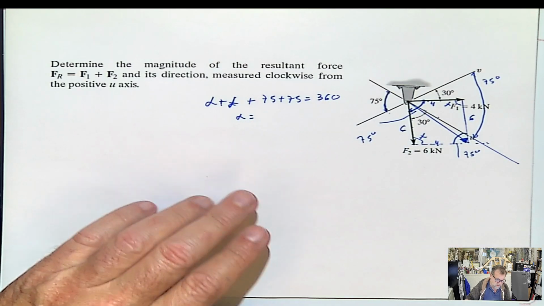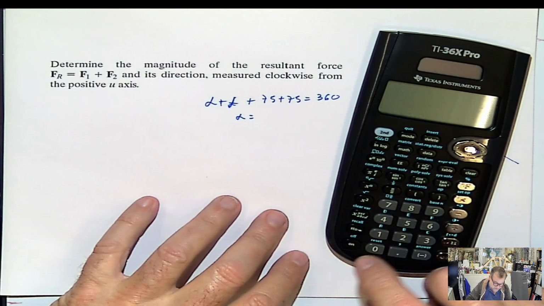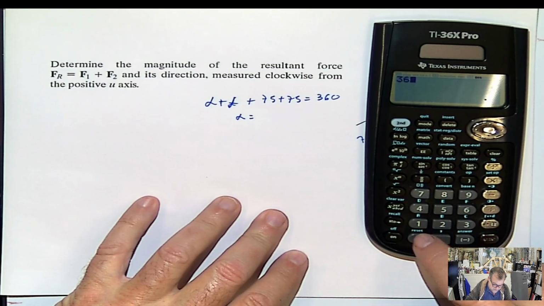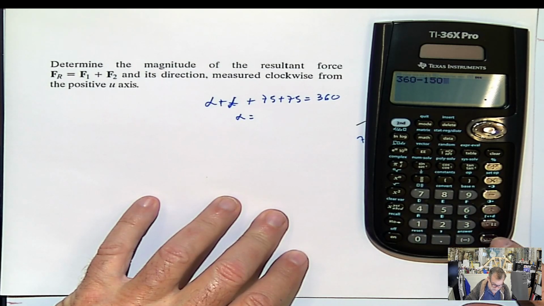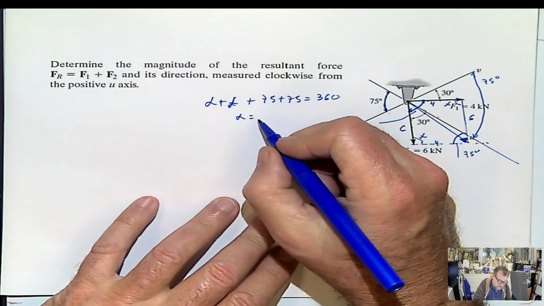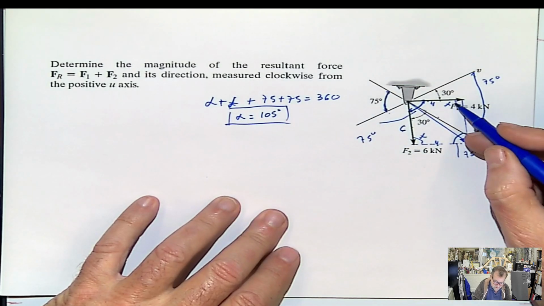So that means alpha is 360 minus 150, divided by 2, which is 105. Let's do it just in case. So every one of these angles is 105 degrees, this angle and this angle.